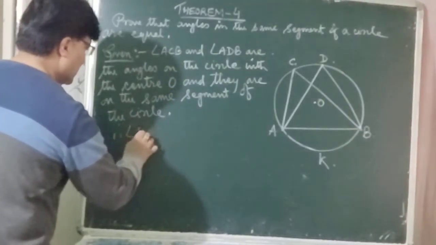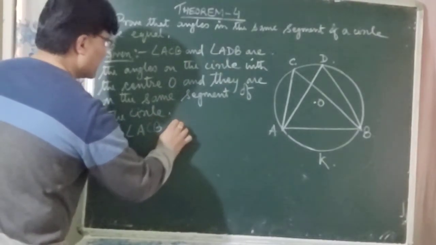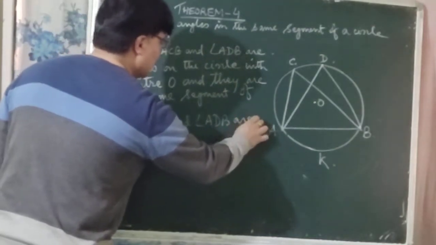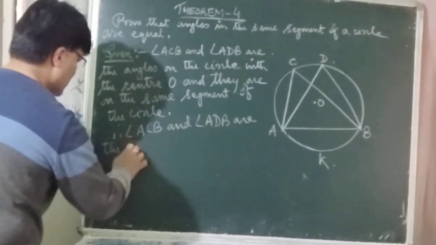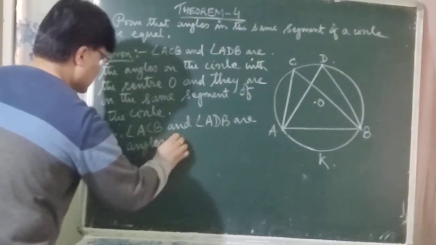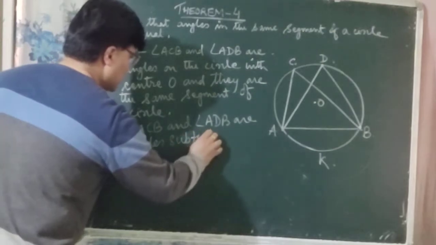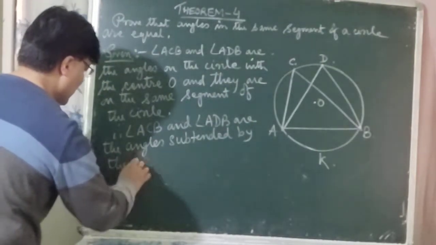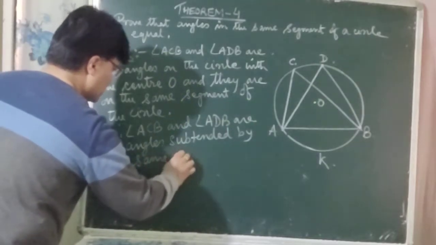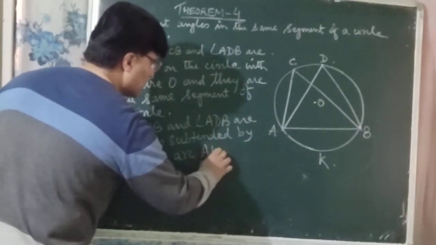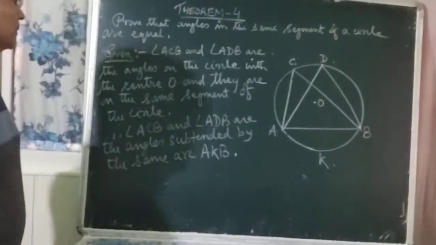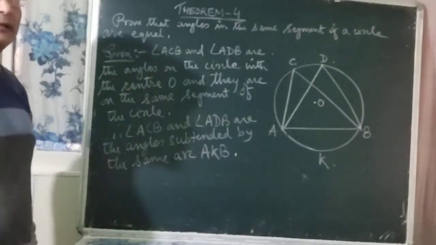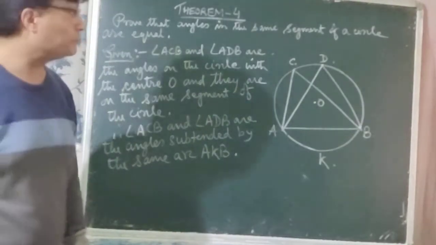So therefore, angle ACB and angle ADB are the angles subtended by the same arc AKB.